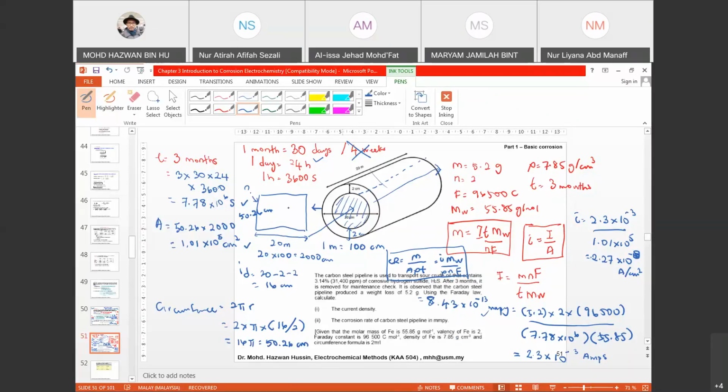I will show you the marks distribution, if you are given this kind of question. Normally the unit conversion like this one, you will get 2 marks each: 2 marks for time conversion, 2 marks for area conversion, 2 marks for circumference conversion.